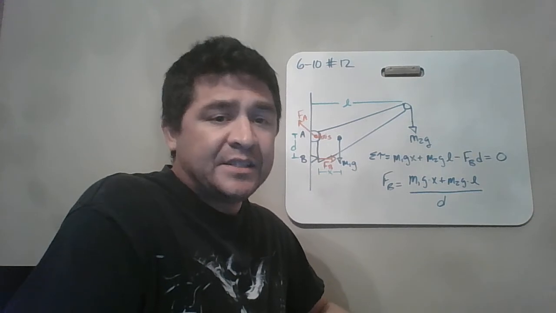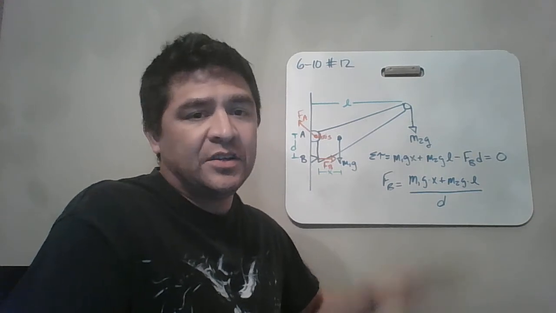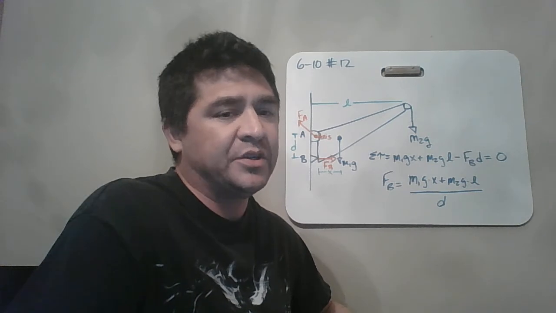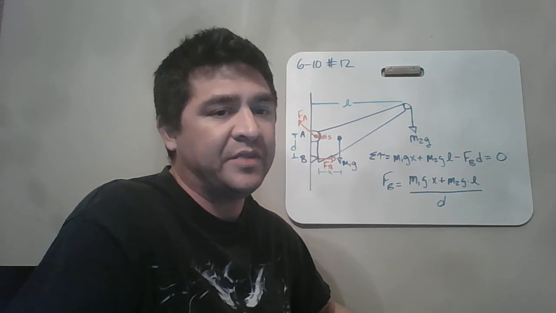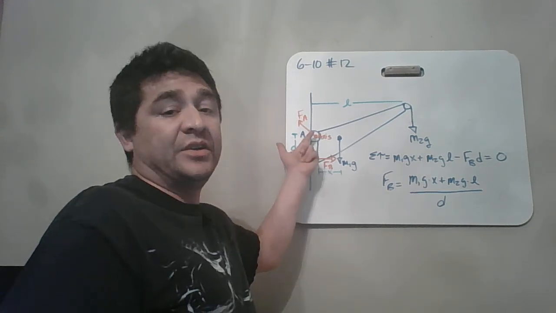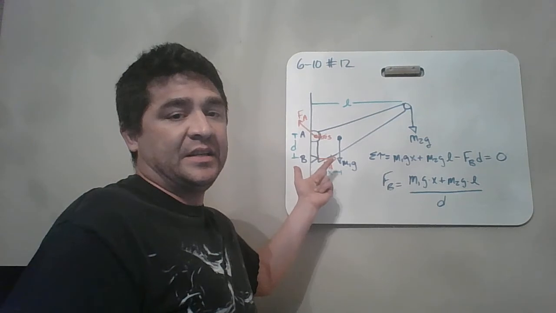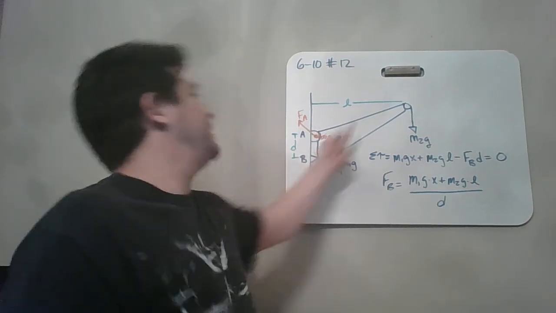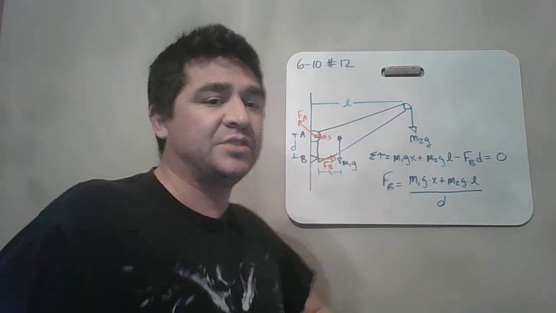So M1gX plus M2g acting all the way at L. Again, they gave us the nice horizontal components for the vertical forces, so no cross product component finding is needed. If this is the pivot point, no torque can happen here, but the force at B is applying a torque, keeping it from rotating clockwise, pushing to the right, trying to cause a counterclockwise rotation. So we're going to call that negative.